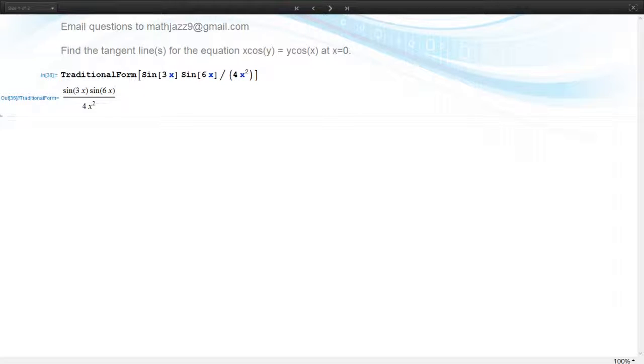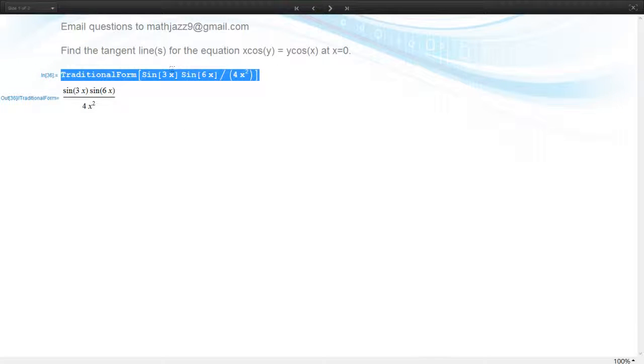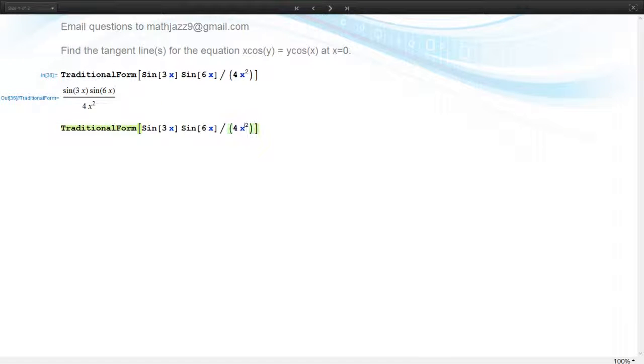Now, one thing that we do know is that the limit of sine of x over x as x goes to 0 is 1. So we notice that we have 2 sines in the numerator and an x squared in the denominator. So if we can just split this into a sine over x and a sine over x, we'd be getting somewhere closer to something that we've already memorized.